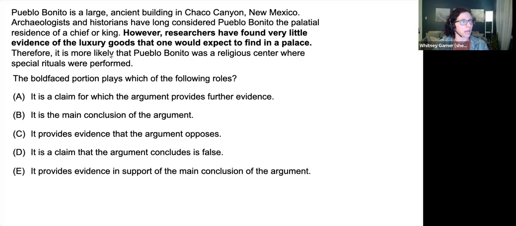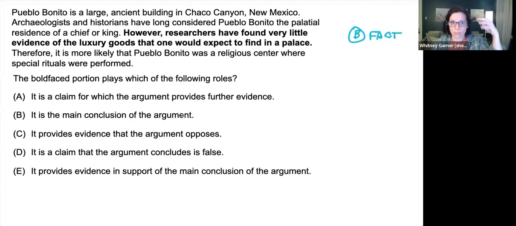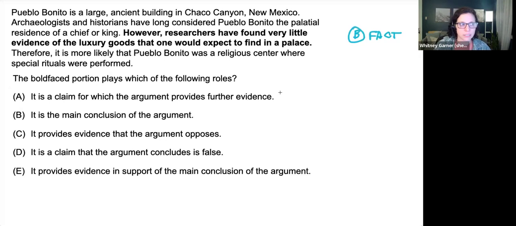Y'all said to me accurately that my boldface here is a fact. Now, on my paper, my goal is, this is a fact. Let me try and eliminate some answer choices. So on my answer choices A, B, C, D, E, knowing that this is a fact, can I eliminate any answer choices?